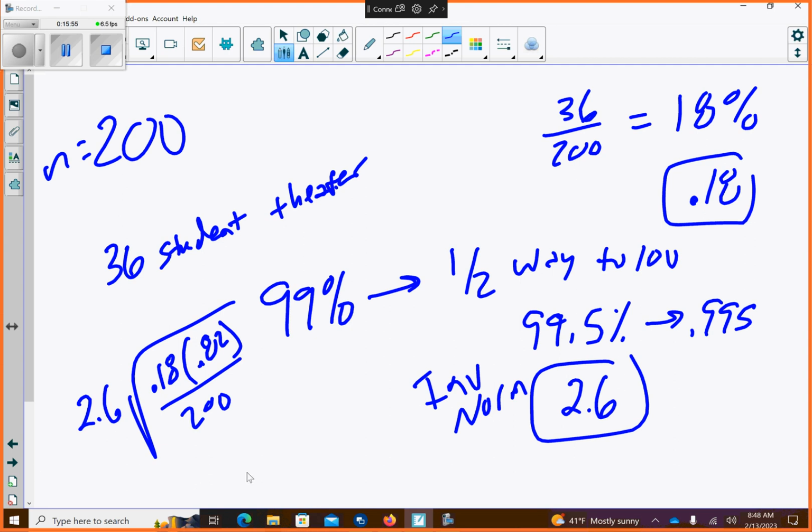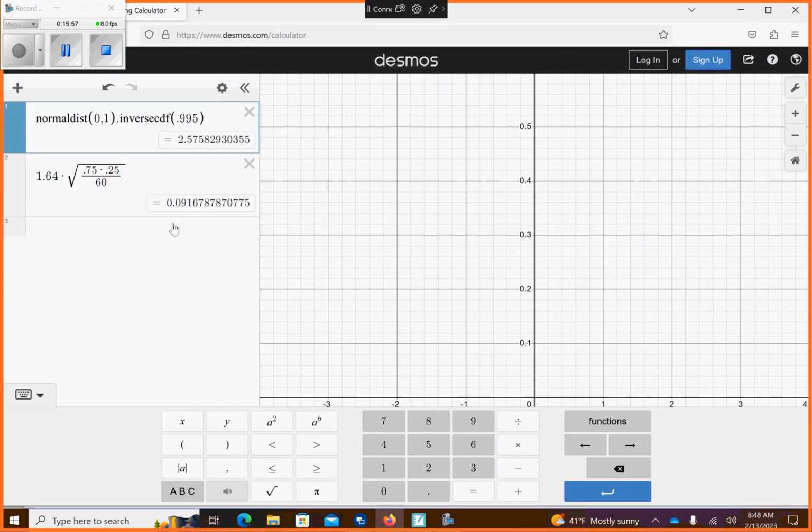So we can easily find that on Desmos too. So this is going to become 2.6 square root, divide, and we went 0.18 times 0.82 divided by 200, right?